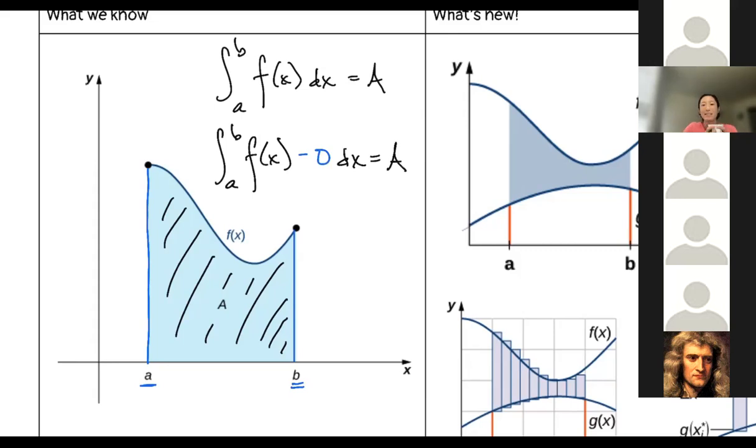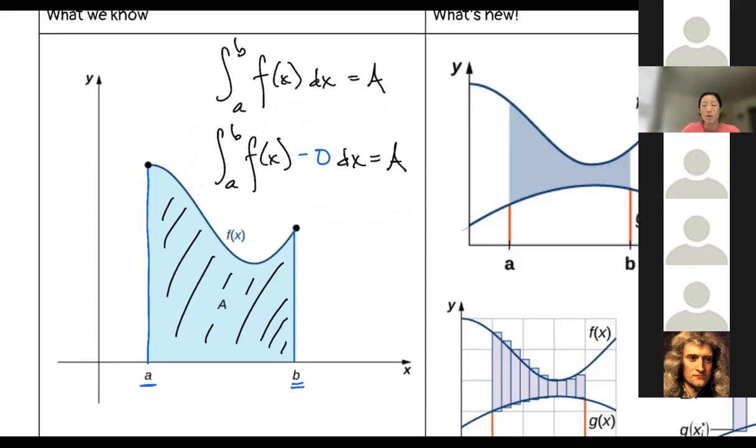There's been this minus 0 sitting there the entire time that we've never talked about. In this equation, does the 0 matter? No, it doesn't matter, right? We can take a function, we subtract 0, we still have the whole thing we've been working with, right?